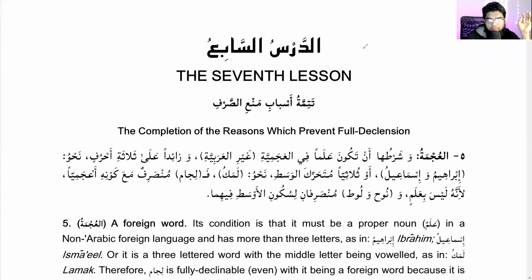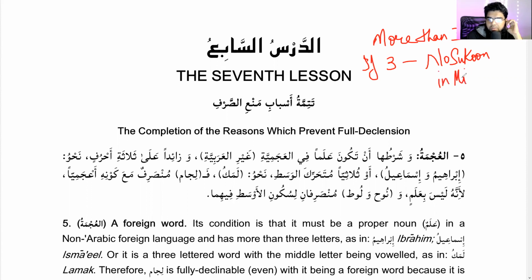One is more than 3 letters, for Ajamiya, that is foreign name. If it is 3 letters, the middle letter should not have sukun. This is the condition.